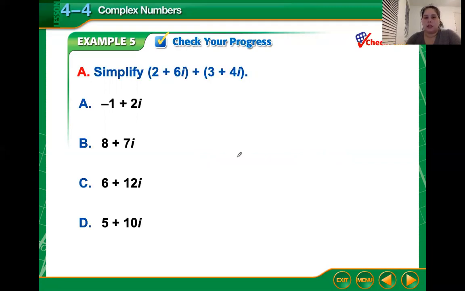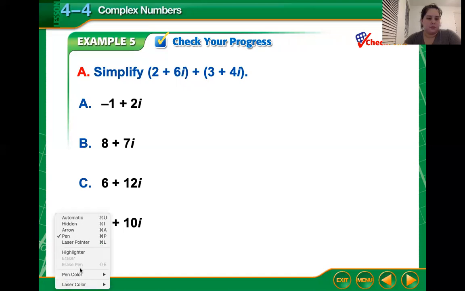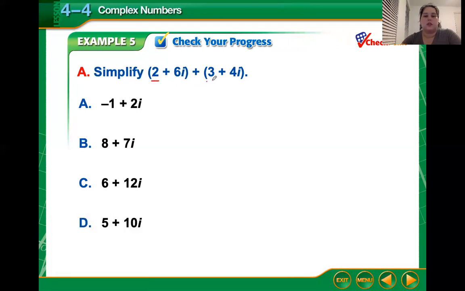All right, go ahead and simplify 2 plus 6i plus 3 plus 4i. All right, so we're going to do real with real. So I'm going to do 2 plus 3, and that gets me 5.